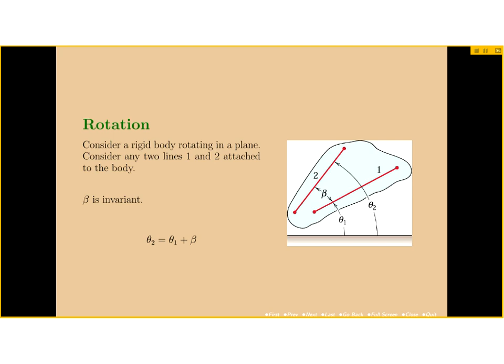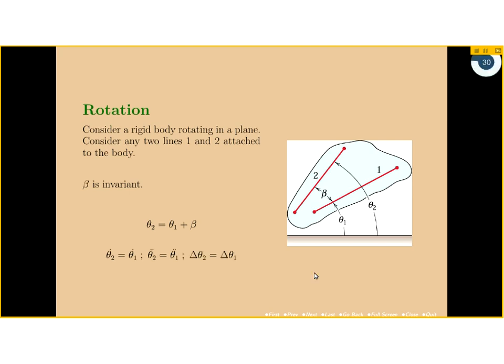Now, having written this, we can take the first time derivative of this equation, and we see that the time derivative of beta is 0 because beta is invariant. And we then come to the conclusion that theta 2 dot is equal to theta 1 dot, where the dot above the symbol is the notation that we use in dynamics for the first time derivative. A single dot above a symbol indicates a first time derivative. So we see that the angular velocity of line 2 is the same as the angular velocity of line 1.